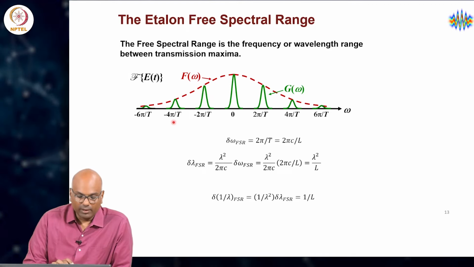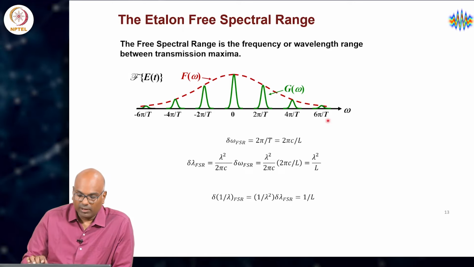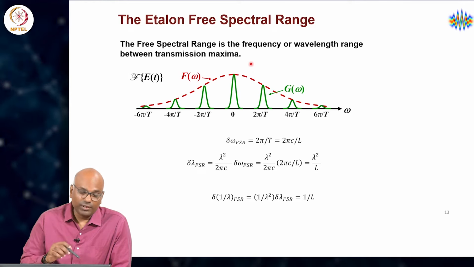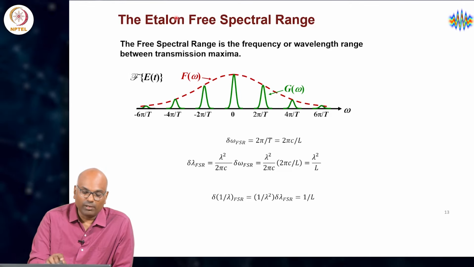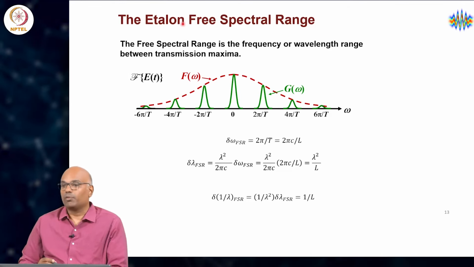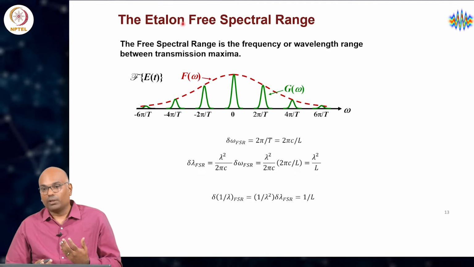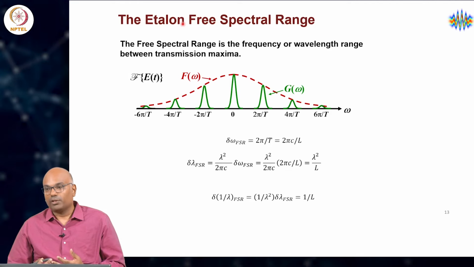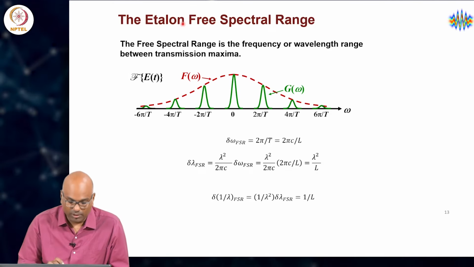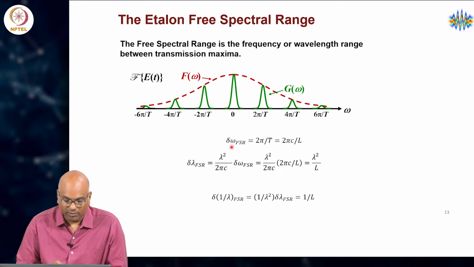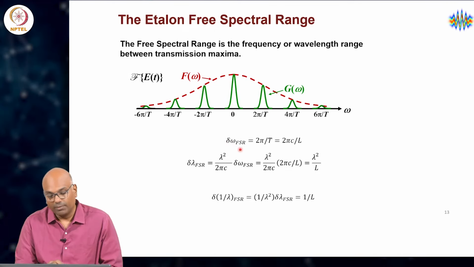So, this typical spectrum lends itself to the definition of a free spectral range for the Etalon or the Fabry-Perot interferometer, or what I have the habit of calling a cavity or an optical resonator. All of these we use synonymously. So, let us familiarize ourselves with all these terms.